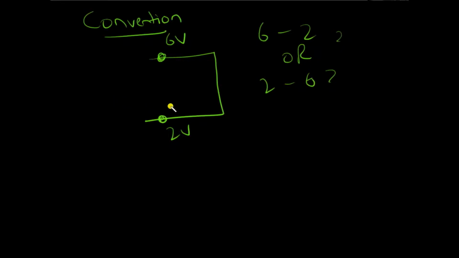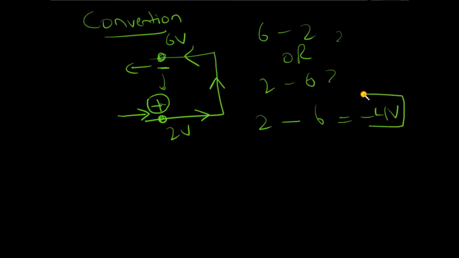The convention is that whatever direction the current is entering through, like entering into the circuit, for example, if the current charges are coming this way and entering this way, this would always be the positive terminal. The current comes here, goes through, and then goes out from here. The point where the current leaves is the negative terminal. So you always subtract the negative terminal from the positive terminal. So here the positive terminal is 2 and the negative terminal is 6. So the potential difference is minus 4 volts.